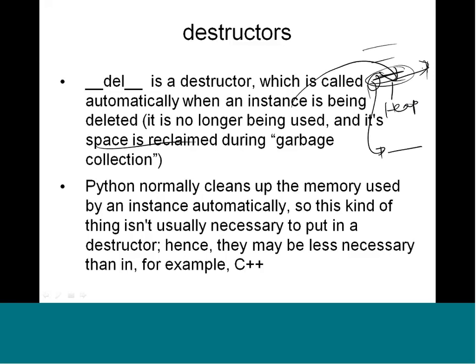So every time you allocate, or you call the constructor which we saw earlier, a portion of the memory is allocated to this constructor, and that's when the memory can run out.